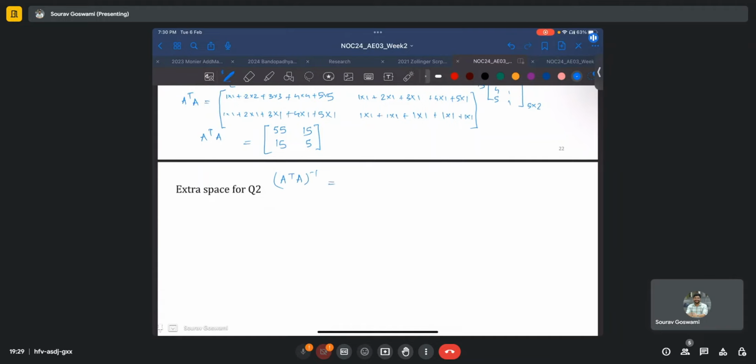So for a 2 by 2 system, we know that this is simply 1 by det A, and here we'll simply switch the diagonal elements and put a negative sign on the off-diagonal elements. So this will be 5, minus 15, and 55. The det of A, of course, is 55 into 5 minus 15 squared.